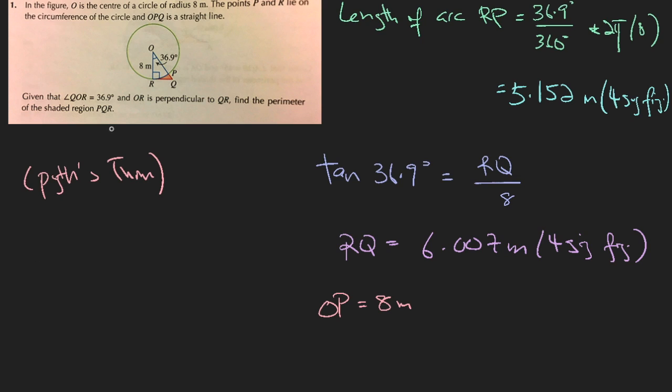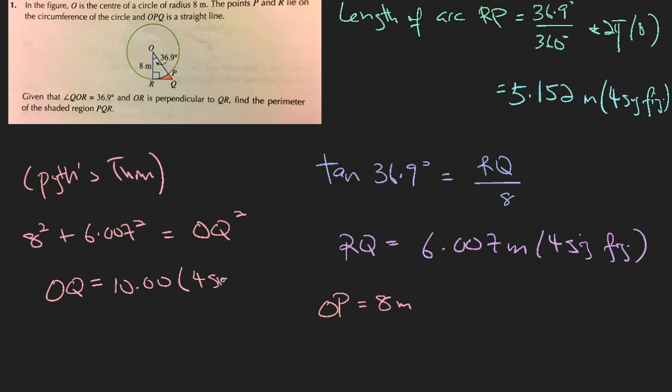Alright, and we know that the sum of the squares of the two shorter sides, so 8 squared plus 6.007 squared, RQ, will give us the hypotenuse squared, OQ squared. So OQ will be simply just 10.00. That's 4 significant figures.